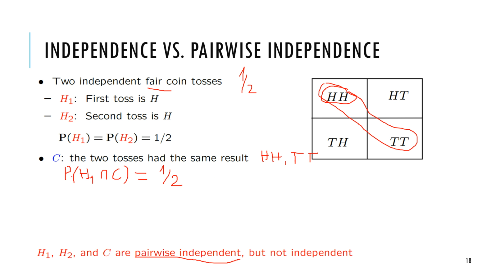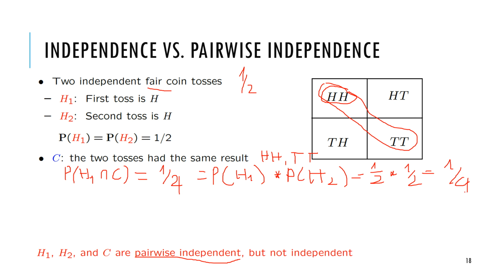Why? Because C is the event that the tosses have the same result, so it is equal to the probability of the first toss heads and the second toss heads, which is 1/4.